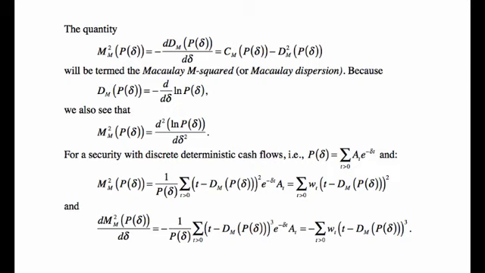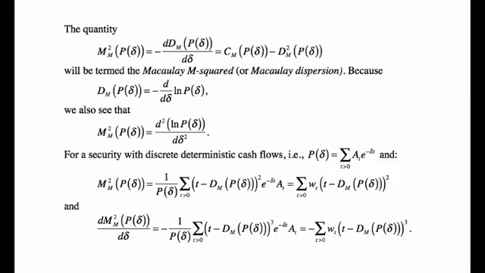If we consider a security with discrete deterministic cash flows, denoted as always A sub t at time t, then the price is the sum of present values of those, and the Macaulay m squared, if we do the calculation, turns out to be the weighted average of t minus Macaulay duration, the whole expression squared.